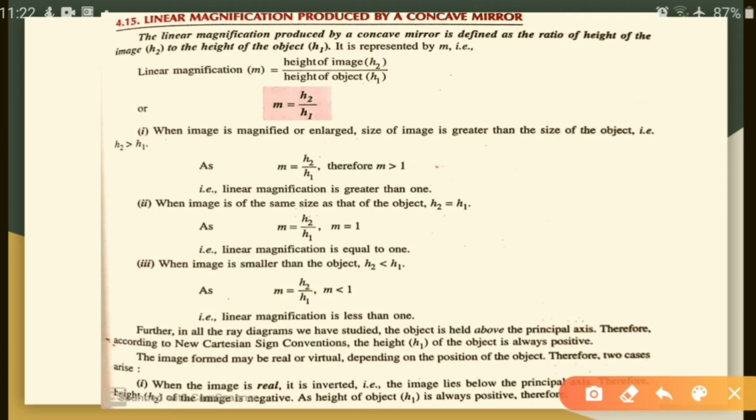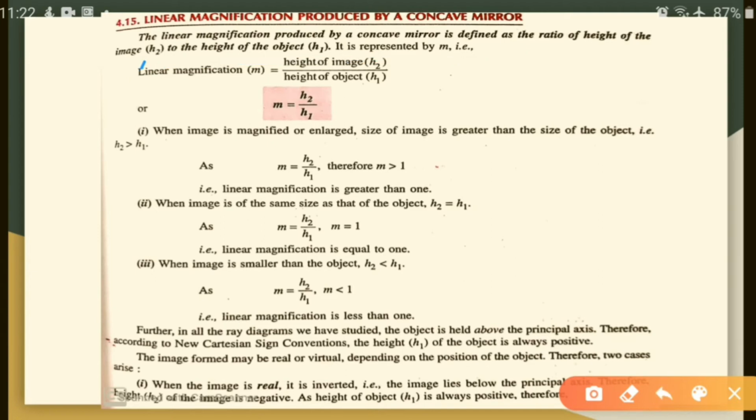This means that the linear magnification produced by a concave mirror is defined as the ratio of the height of the object to the height of the image. Or in other words, you can say this is the ratio of the height of the image to that of the height of the object. That is why the height of the image is taken in the numerator, because it appears first.